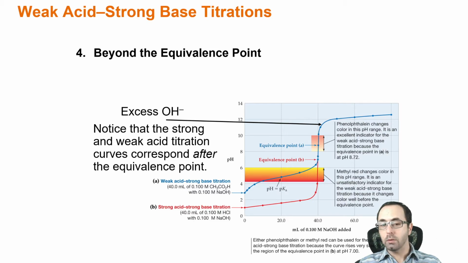So all that matters is however much additional hydroxide you added. Take the negative log of the concentration of that additional hydroxide to get the pOH, then find the pH. That's it. No equilibrium after the equivalence point. The pH is going to be dominated by the excess strong base that you're adding.